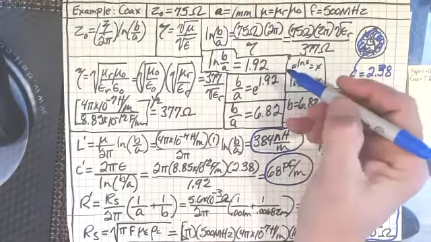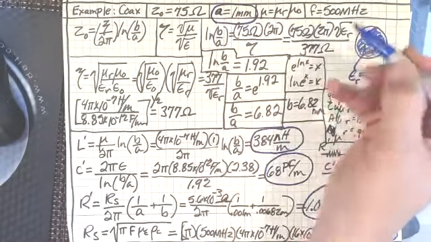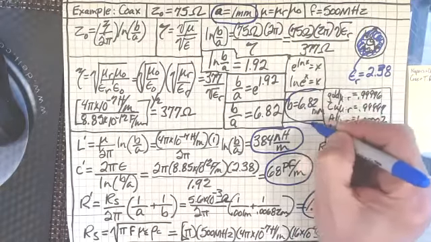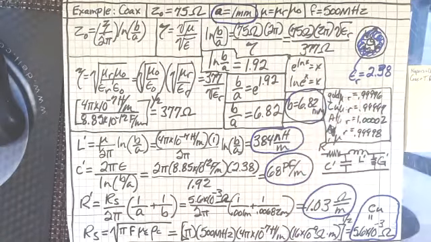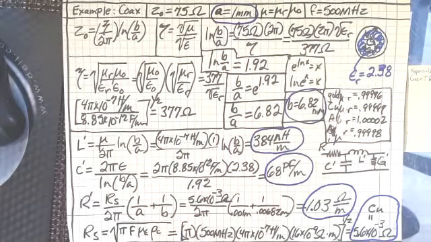We also know what the center radius is, and we know what the outer radius of the ground shield is. We've got everything else there, characteristic impedance and everything. So I'm going to end that there.